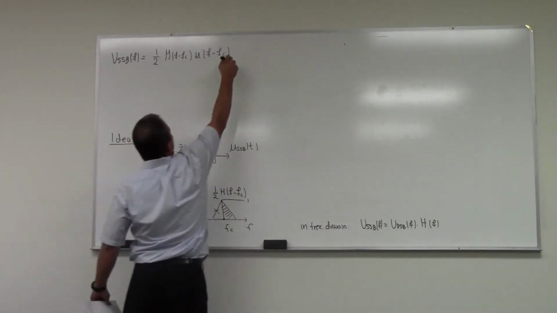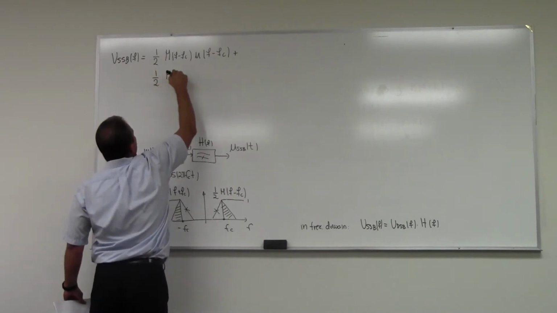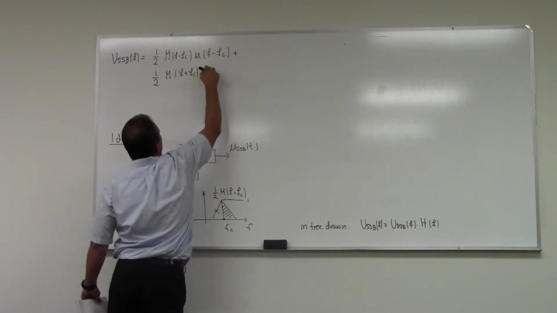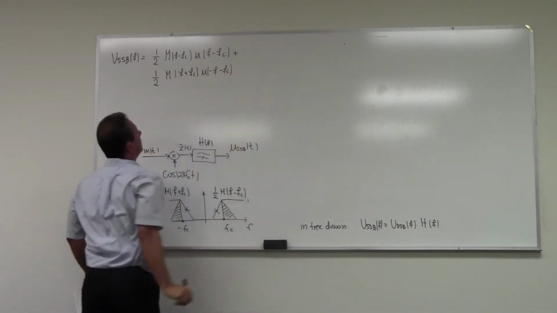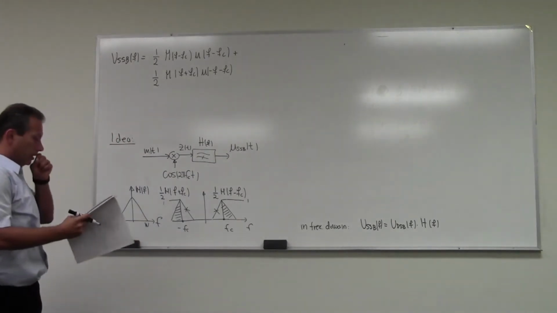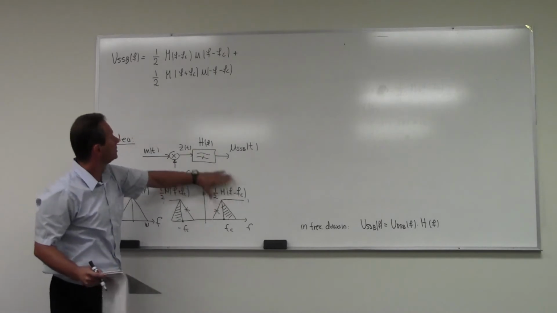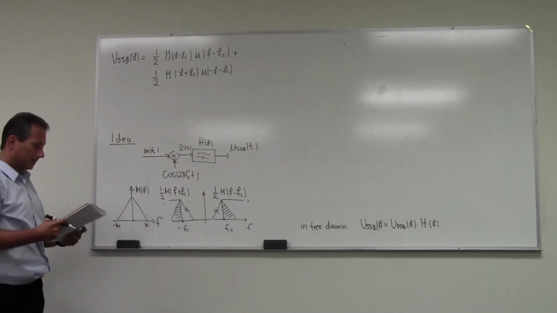And then all of that plus 1/2 M of f plus fc times u of minus f minus fc. So this is the filtering on the positive frequencies, and this is filtering on the negative frequency side.